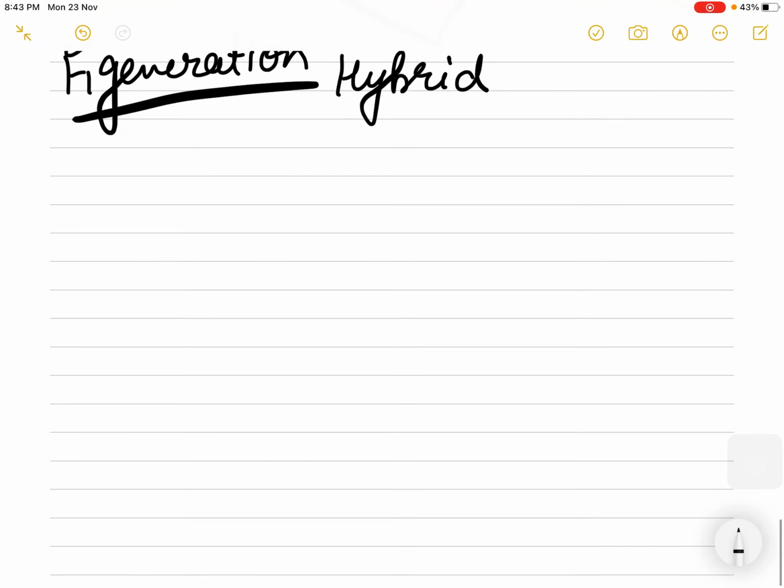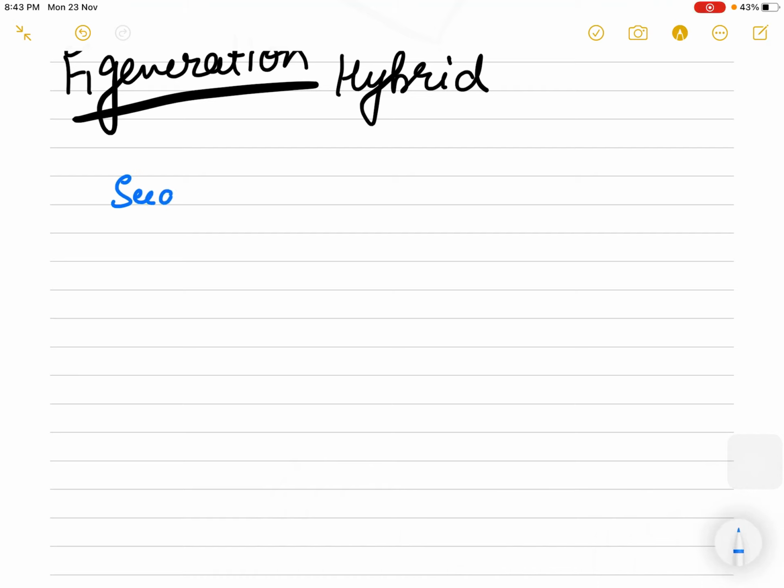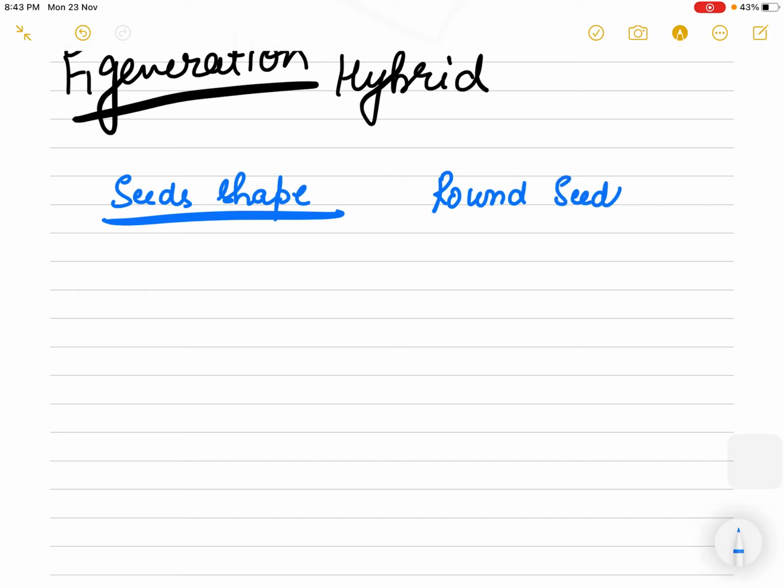Suppose I take another example quickly. I am taking another example of seed shape, right? We know that round seeds are dominant. Suppose it is given to you that round seeds are dominant over wrinkled seeds.